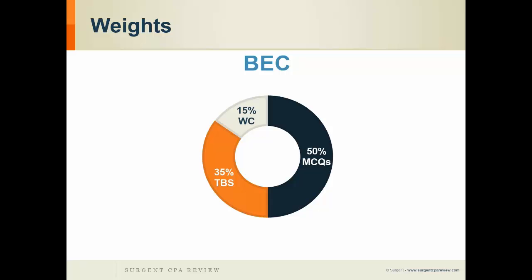The written communication, the 3 questions, are worth 15%, and that percentage didn't change. So they took more points away from the multiple choice and shifted them to the task-based sims. But again, with task-based sims, you have the option of guessing and the option of getting partial credit. So I actually think this is good for candidates. I don't think it's a bad thing at all.